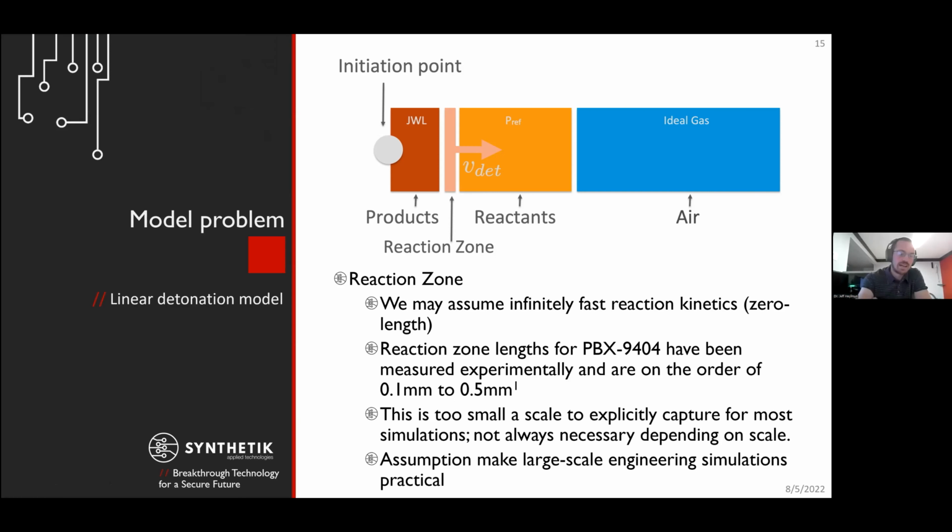And really, for the kinds of simulations that we run, which are cities or at the very least rooms, it's just far too small to have effects that matter. So typically we make the engineering approximation that they're infinitely fast and zero length. It simplifies a lot and requires much less expense on the computational side.